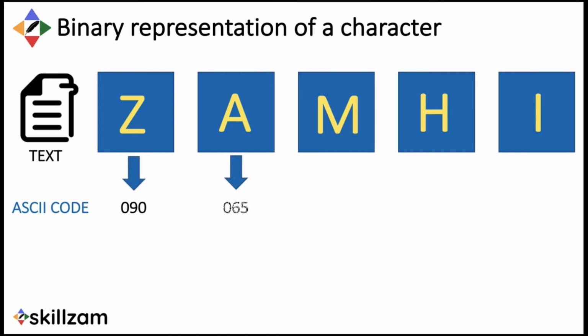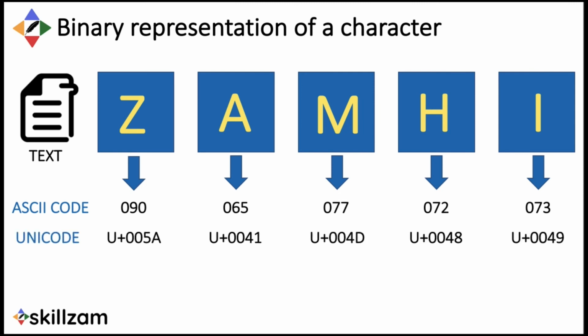The ASCII code of the letter A is 065. The ASCII code of the letter M is 077. Similarly, for the letter H it is 072. For the letter I it is 073. The corresponding Unicode values are, the binary equivalent of the letters are.